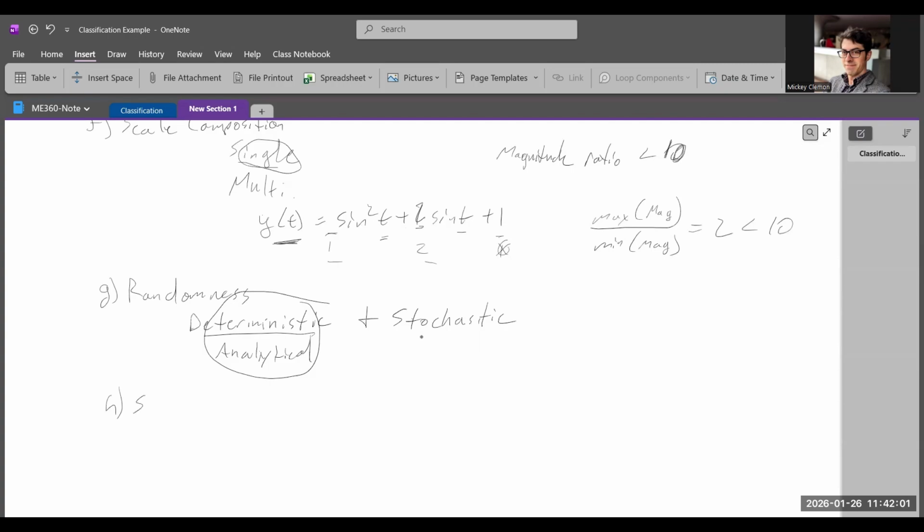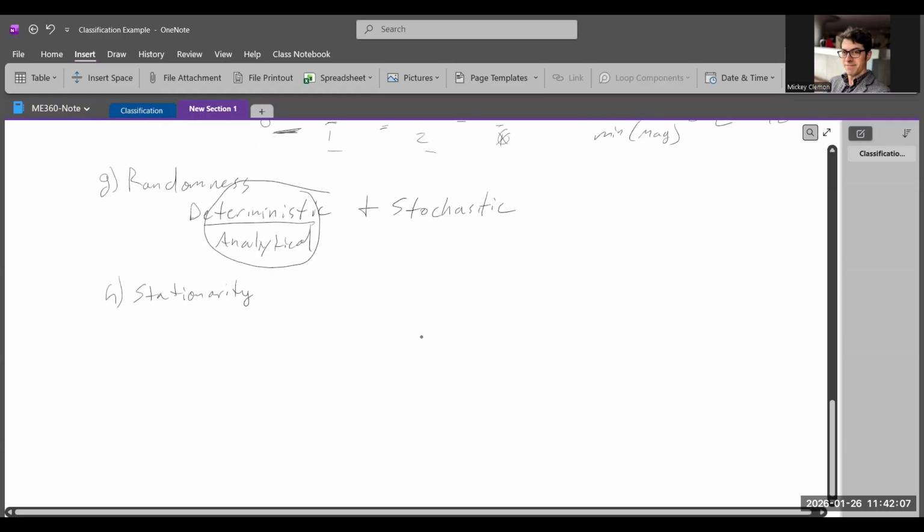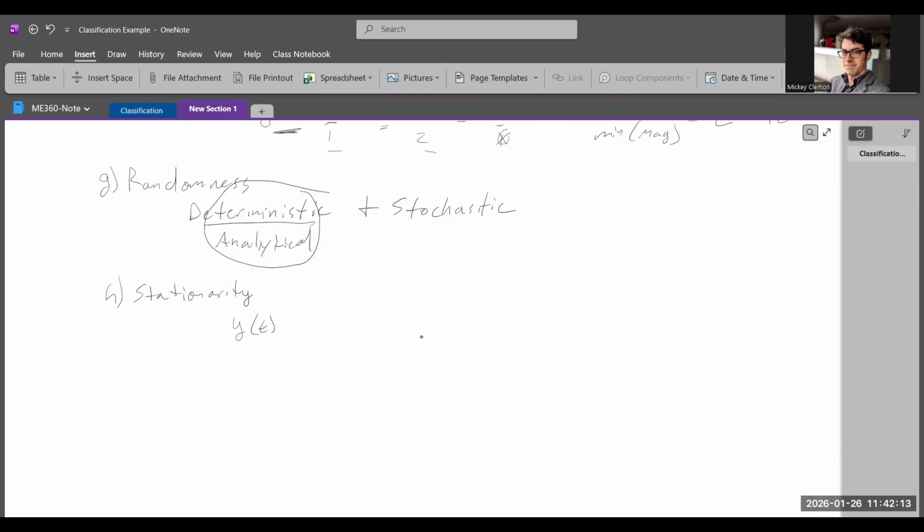We've got stationarity. Stationarity, is it growing systematically over time or not? Is it bounded? So we've got y, we'll rewrite it: sine squared t plus 2 sine t plus 1. Okay, so this term is bounded between 0 and 1.